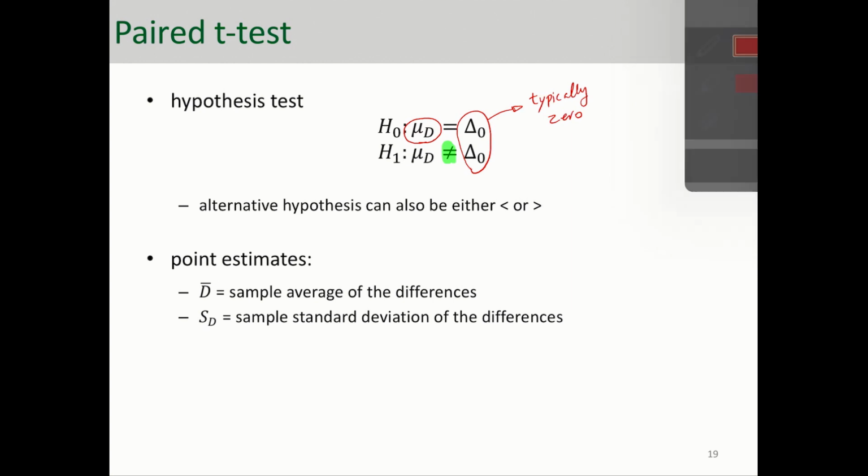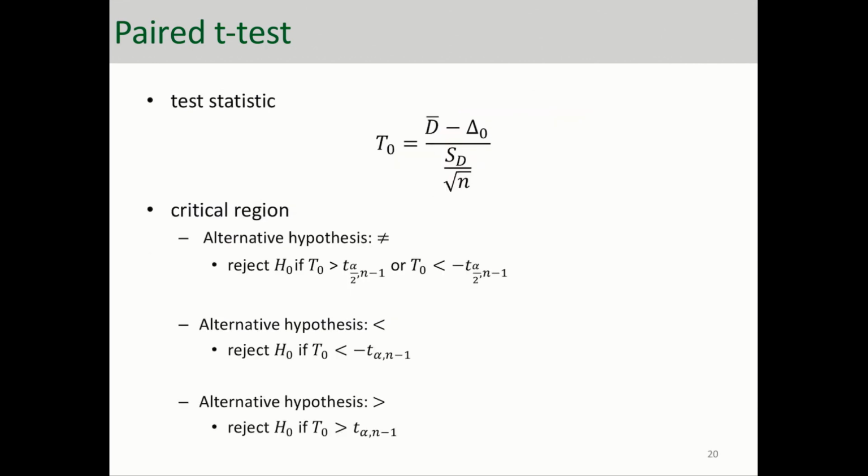The point estimates that we're using here are d bar, the sample average of differences, and the standard deviation of differences. These two point estimates will be used to calculate the test statistic.